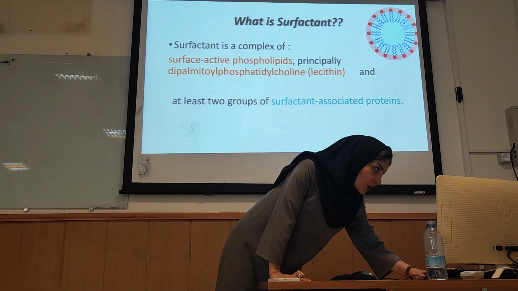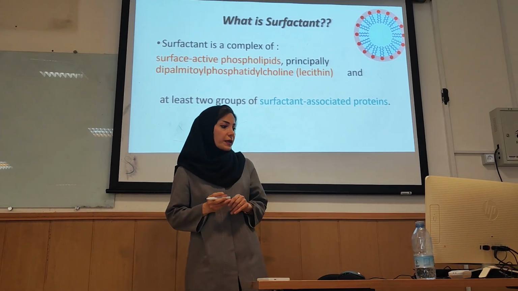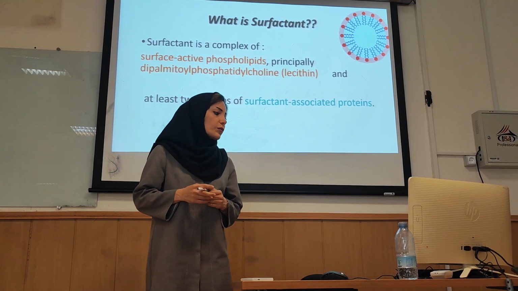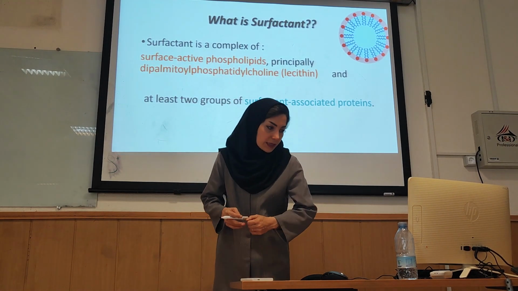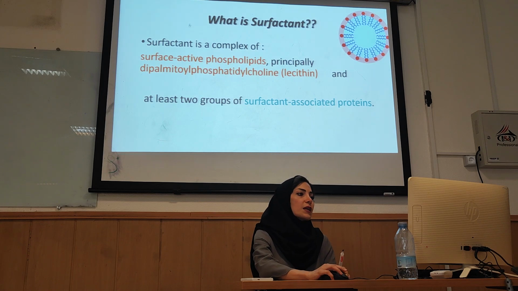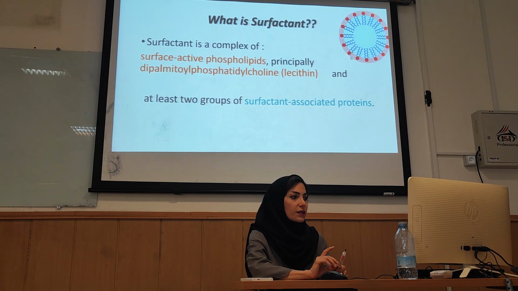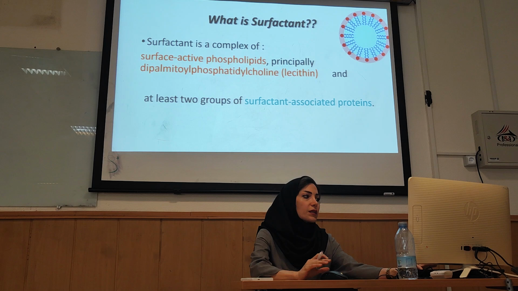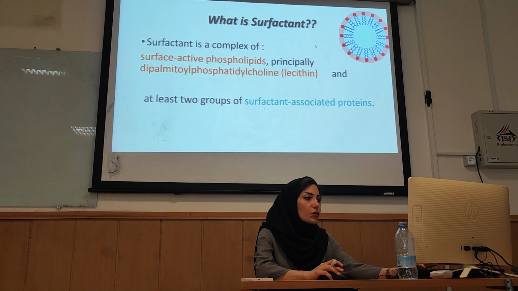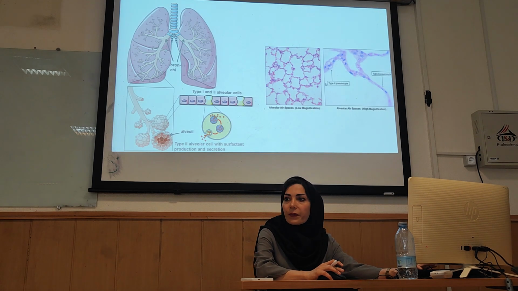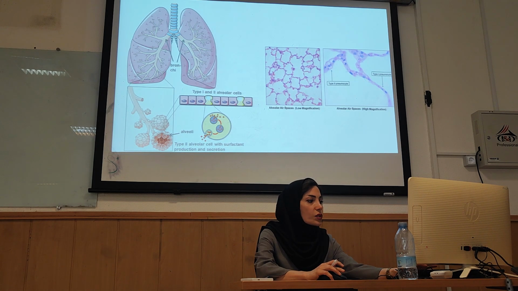Surfactant is a complex of phospholipids and surfactant-associated proteins. The most important phospholipid of the surfactant is lecithin. The normal lung tissue has pneumocytes type 1 and type 2 that line the alveolar spaces.